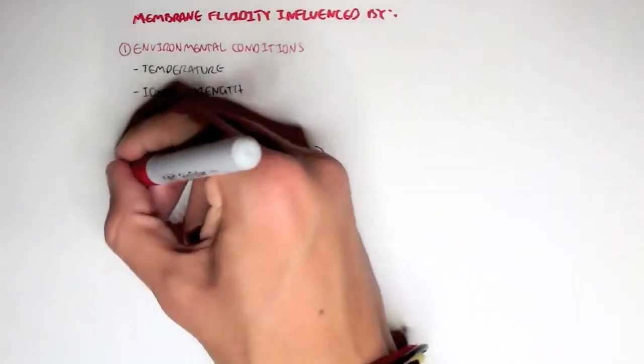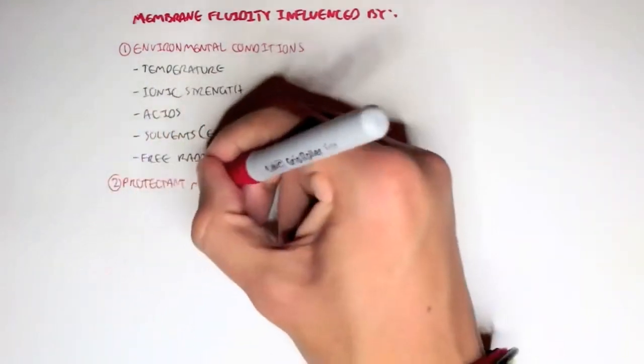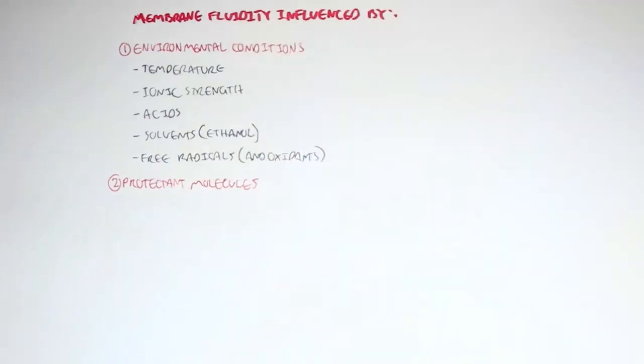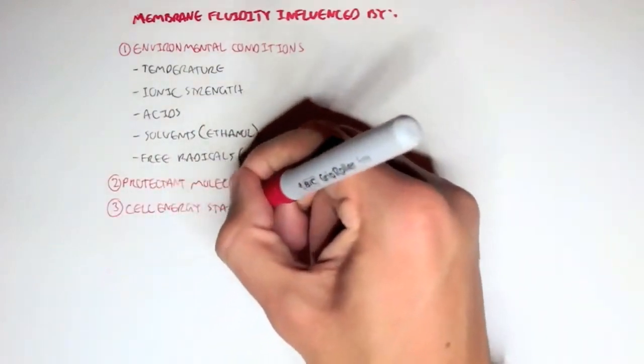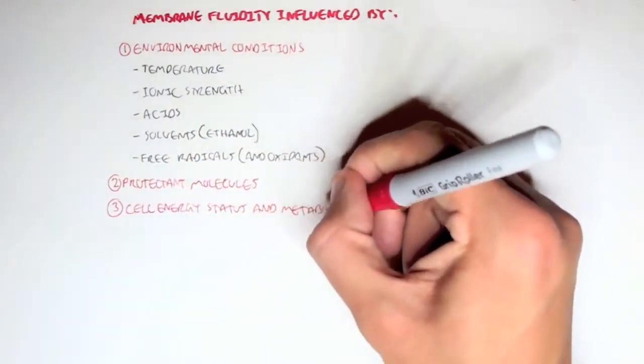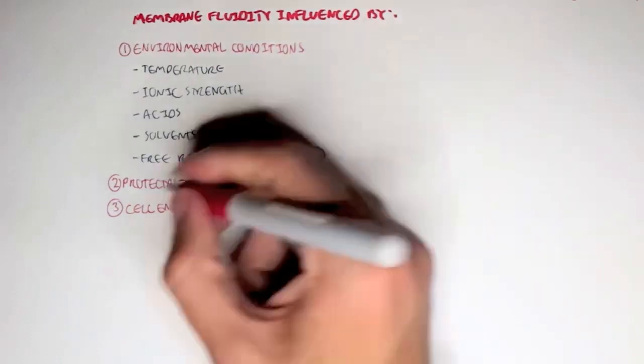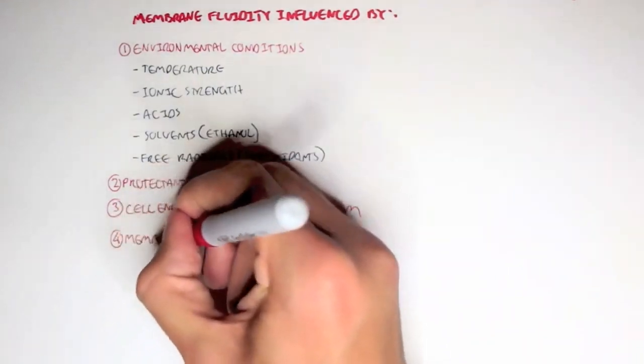A second important influencer is the protectant molecules, which obviously help protect the membrane, and also the cell's energy status and metabolism. So whether the cell needs energy influences the permeability, etc.